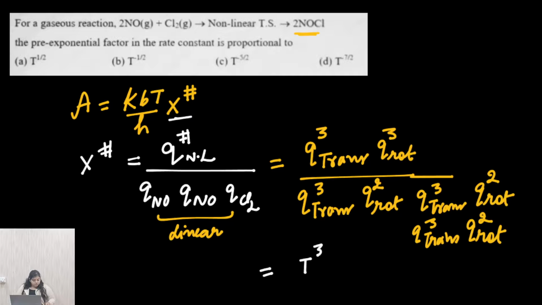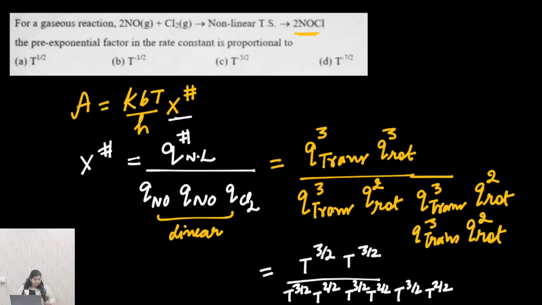That will be T raised to the power of 3 by 2, because T raised to the power of half is for the 1. So for 3 it will become T raised to the power of 3 by 2, into T raised to the power of 3 by 2, upon T raised to the power of 3 by 2, T raised to the power of 2 by 2, 3 by 2 again, 2 by 2, into T raised to the power of 3 by 2 into T raised to the power of 2 by 2.